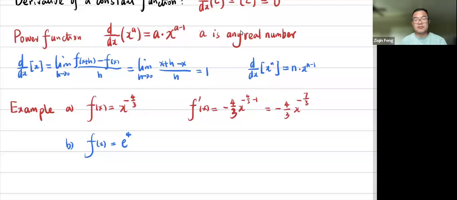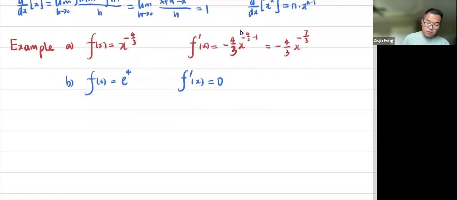Although you have some kind of power representation, this function is always a constant. There's no x inside. No matter what x is, the function is always e to the 4. So f prime of x equals 0.